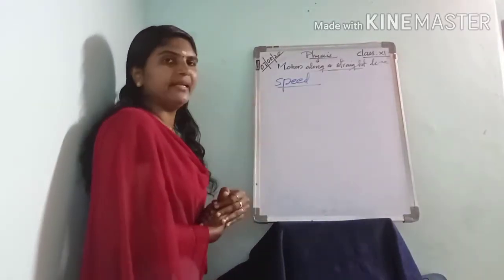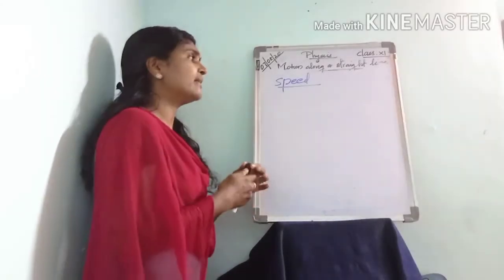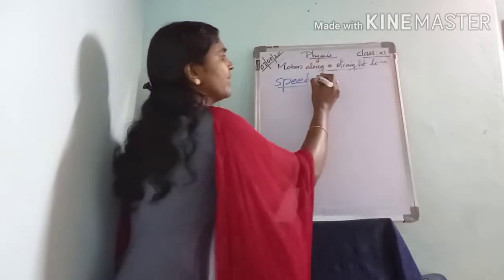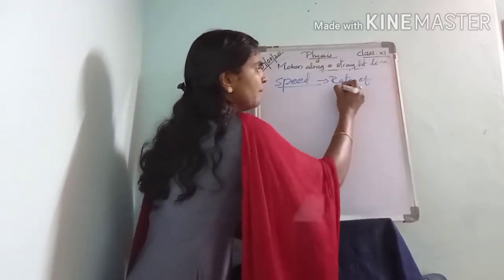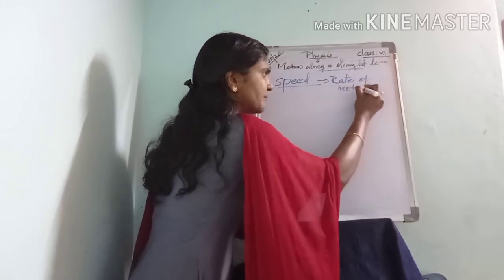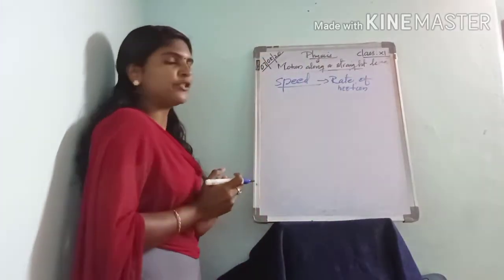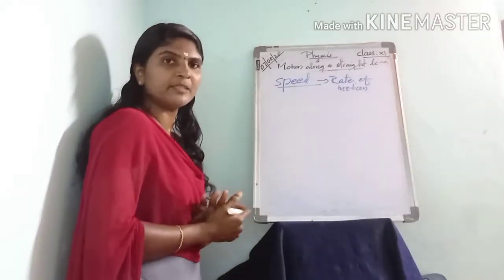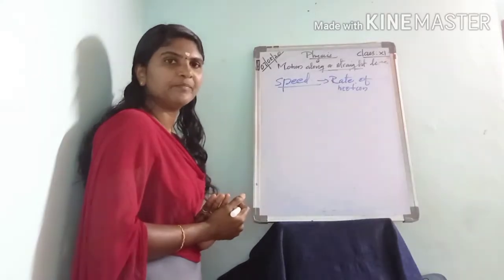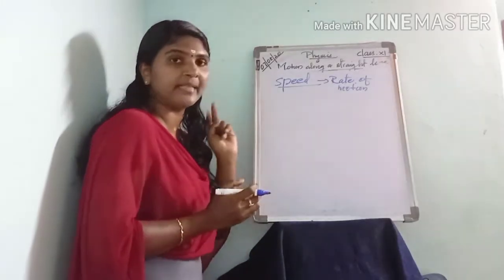Next, the speed. The next physical quantity is speed. Speed is used to measure the rate of motion. The rate of motion of an object can be expressed in speed. To measure the speed of a moving object, we need two things.